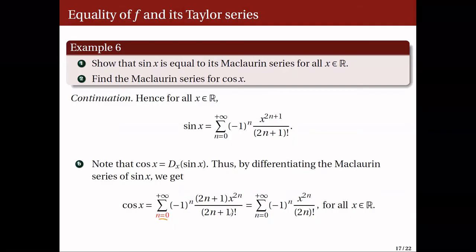The first term is actually f sup 0 of 0, where f sup 0 of x is the function itself, which is cosine x. Evaluated at 0, we have cosine 0, which is equal to 1. So we have now found the Maclaurin series of cosine x by differentiating the Maclaurin series of sine x.